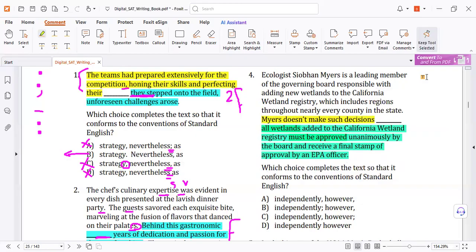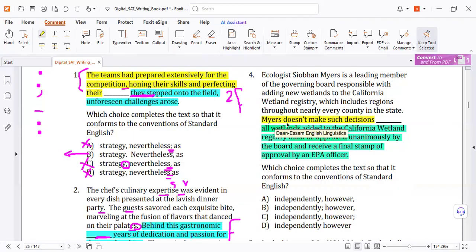Now we need to find the relationship between this and that, or between this and that. That is the point. We need to find the contrast relation between what? This and that. Let's read. Ecologist is a leading member. Okay. And then, which includes throughout.